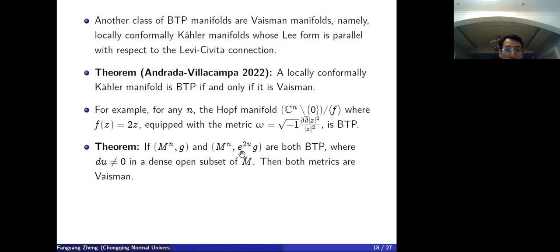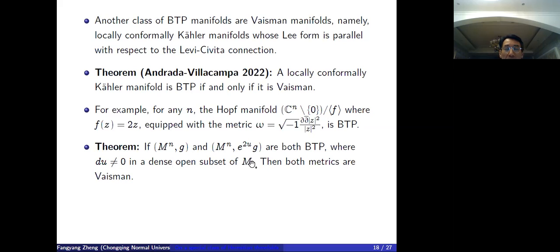So Zhao and I also obtained the observation, namely, even in the local case, if you have two metrics within a conformal class that are both BTP, here we have a technical requirement. We want this conformal factor to be non-trivial, non-constant in an open dense subset.